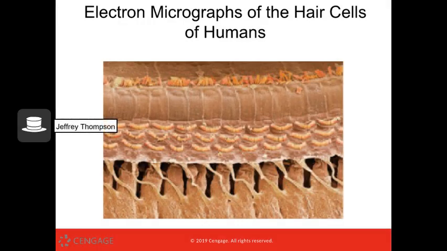And here are the hair cells very, very close up. Here's a picture with an electron microscope that is inside of you. Cool, right? Or scary. This could either be awe inspiring or the stuff of nightmares.